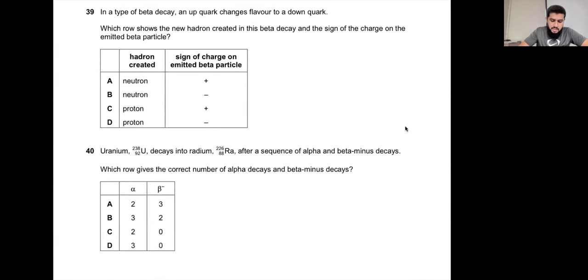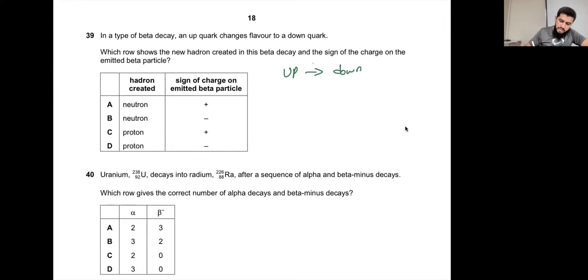Question number 39 says, in a type of beta decay, an up quark changes to a down quark. Which row shows the new hadron created in this decay and the sign of the charge on the emitted beta particle? So basically, up down up gets converted to up down down.